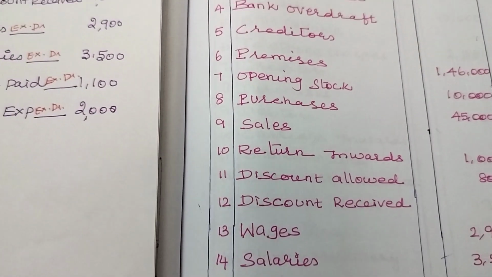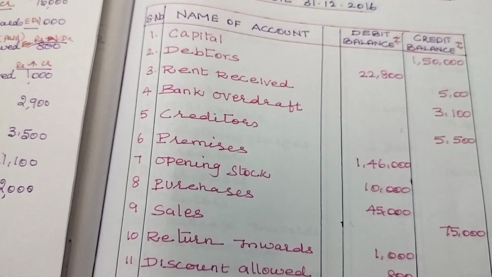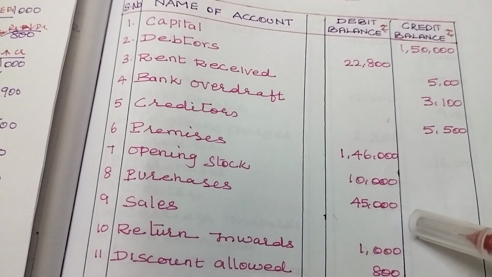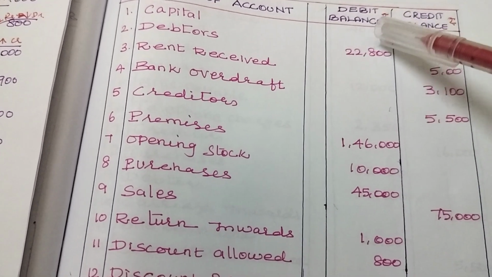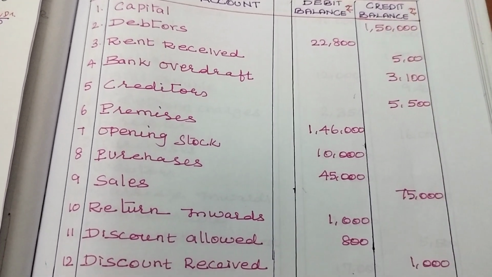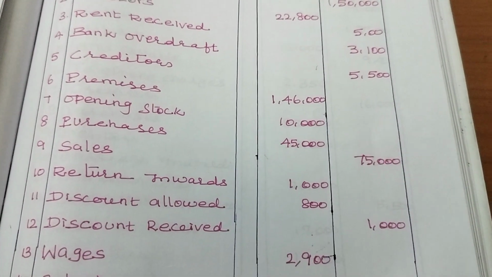So we entered all the information into the trial balance. Now we have to calculate the debit balance total and the credit balance total separately.